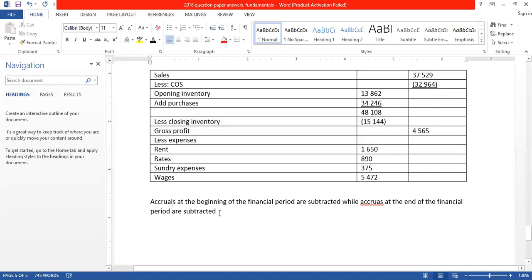Accruals at the beginning of the period are subtracted, while accruals at the end of the period are added.